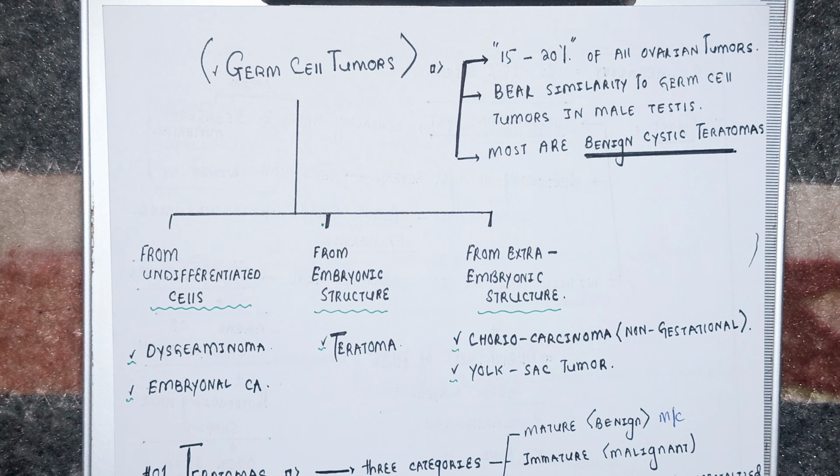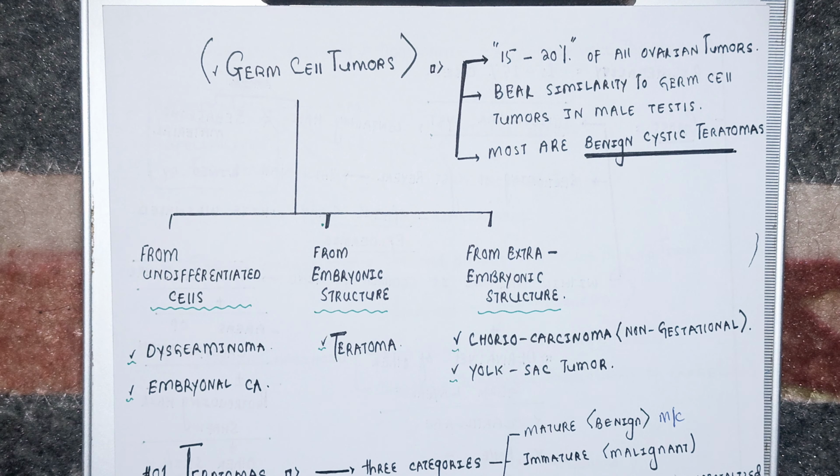Out of all the germ cell tumors, the most common is the benign cystic teratoma. What is this, beta? This is the most common GCT, germ cell tumor. Other germ cell tumors are not that common, but this germ cell tumor of the ovary, benign cystic teratoma, is really important and really common.